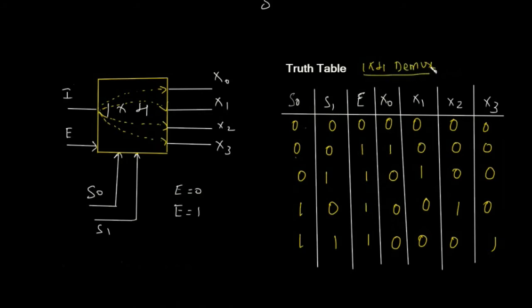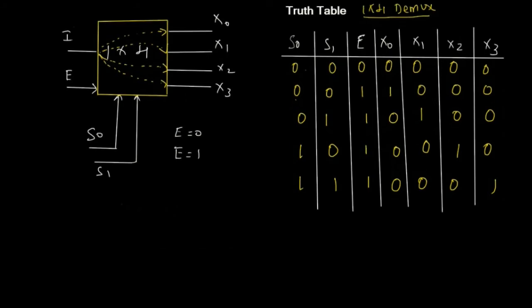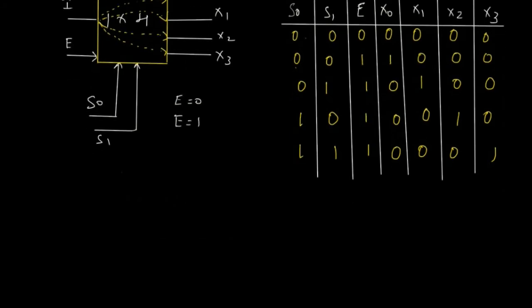Now from the truth table we are going to derive equations for the outputs, right. After deriving the equations we will make logic circuits. Equations go like this, for the output X0.